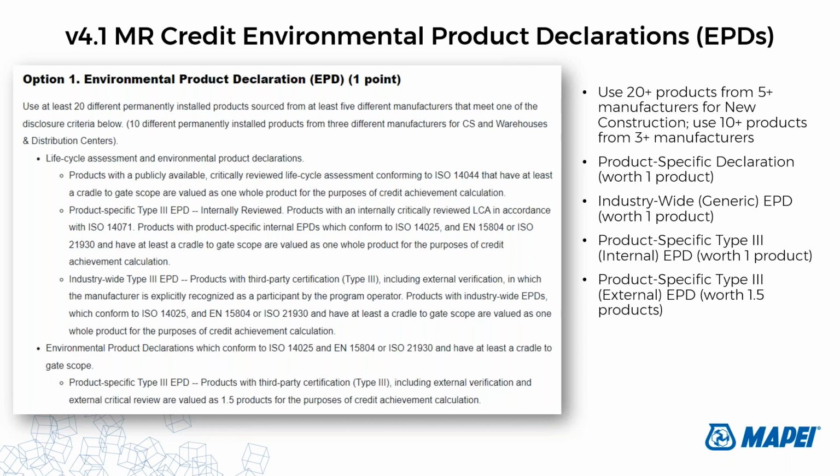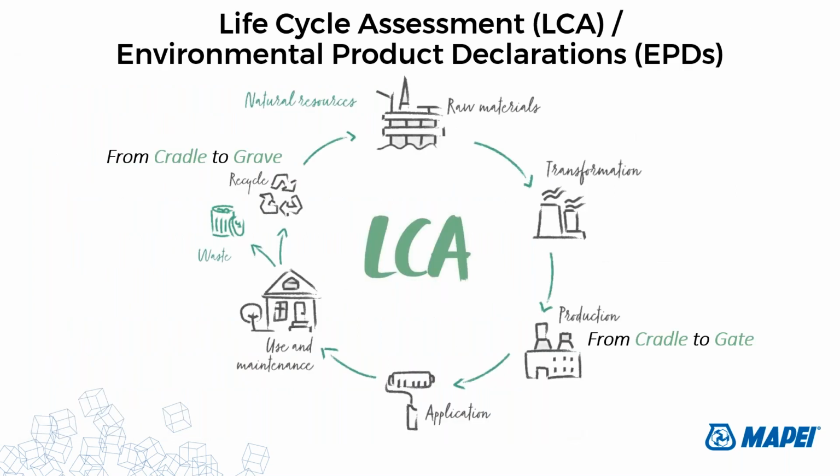And there's also product-specific type 3 EPDs. It's a third-party certification, including internal and external verification, in which the manufacturer is explicitly recognized as the only participant on the EPD, and I'll explain that a little bit more.